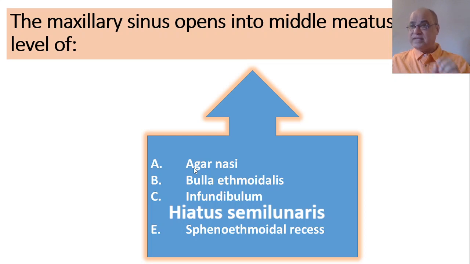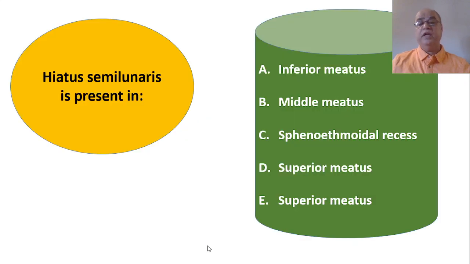As I just mentioned, we have to go for the most appropriate or best answer. As I briefly described the anatomy of the hiatus semilunaris and infundibulum, you now have a good idea that if hiatus semilunaris is in the options, then you have to go for hiatus semilunaris.